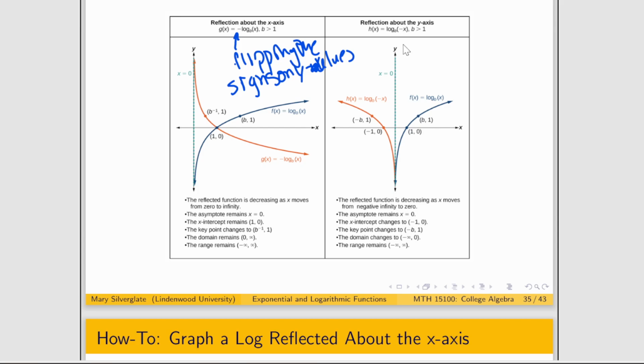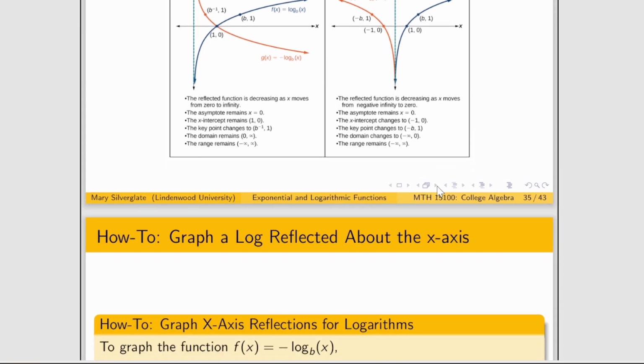To reflect about the y-axis, we multiply by a negative on the inside, and that flips the signs on the x values. And that actually would change the domain for that reason. Your vertical asymptote is at the same place, but now instead of being from 0 to infinity, you would now be from negative infinity to 0.